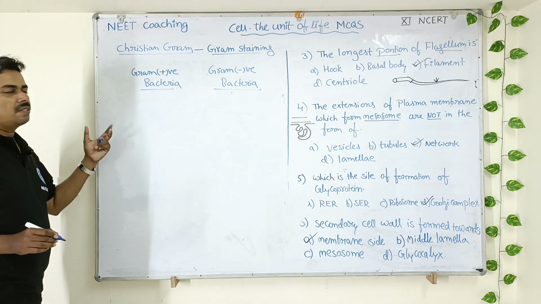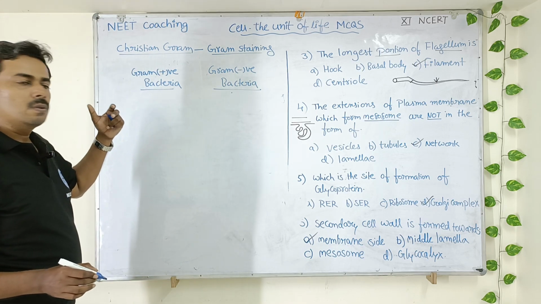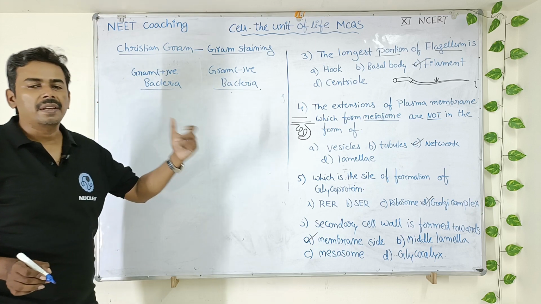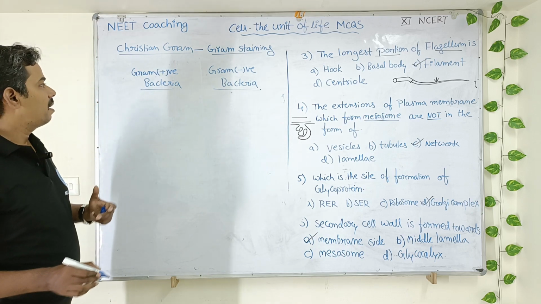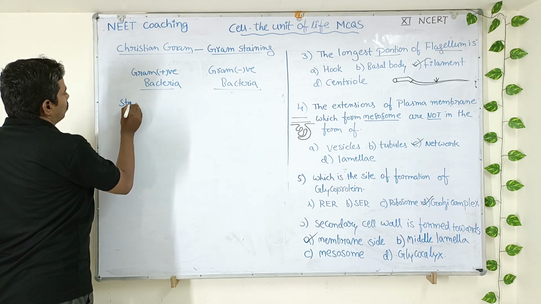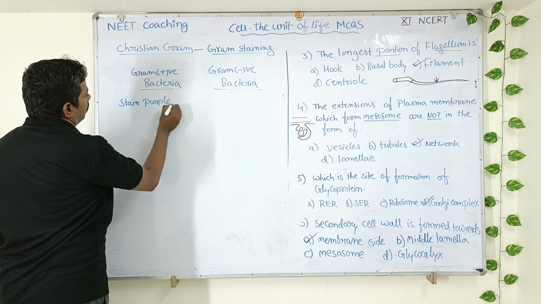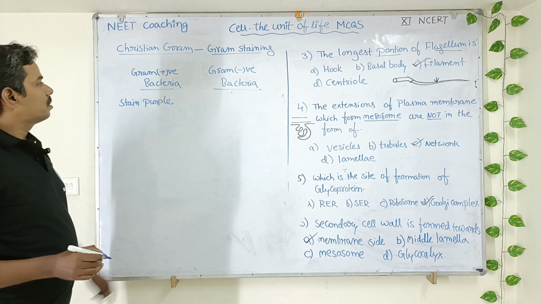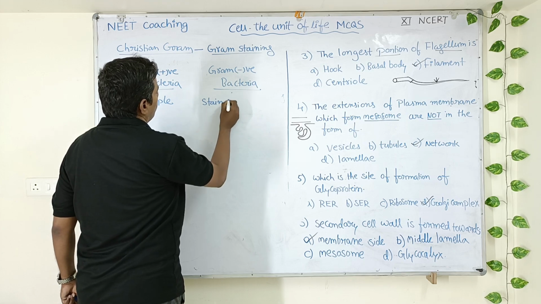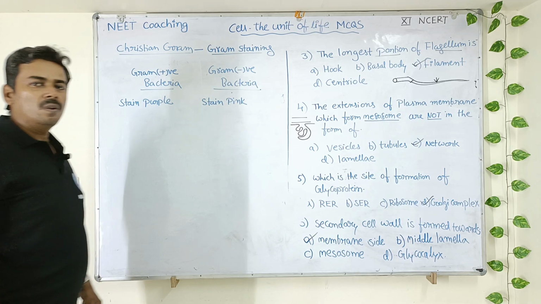By using the procedure called gram staining, we can stain bacteria into two different colors, purple and pinkish. Those bacteria which stain purple are called gram positive bacteria, and those bacteria which stain pink are called gram-negative bacteria.